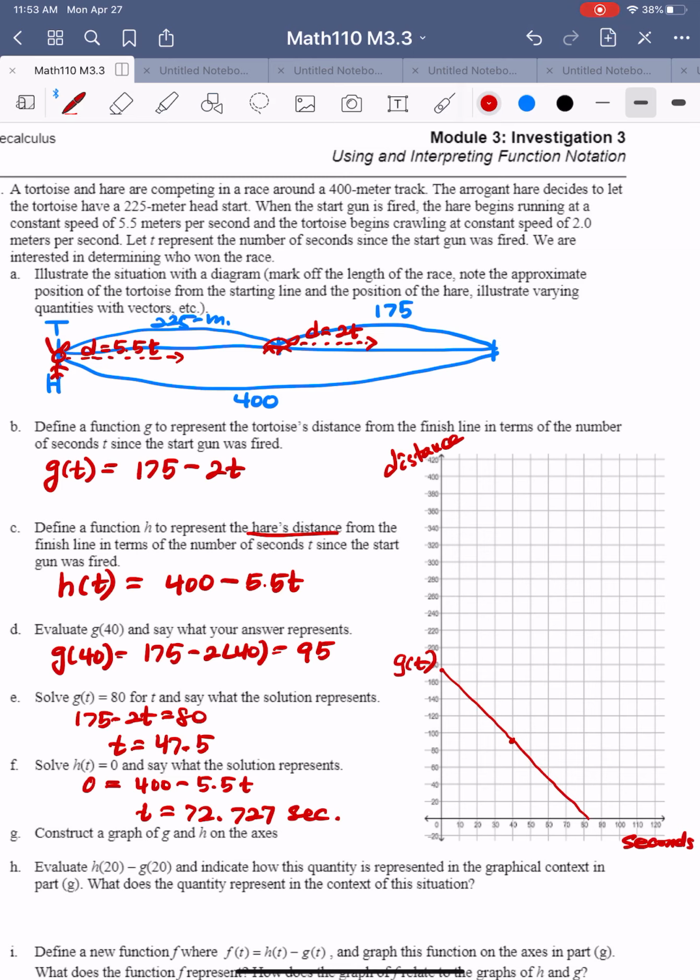All right, now I'm going to use another color for the hare. So the hare needs to go to 400, and when he finished the race, it takes 72.727 seconds.